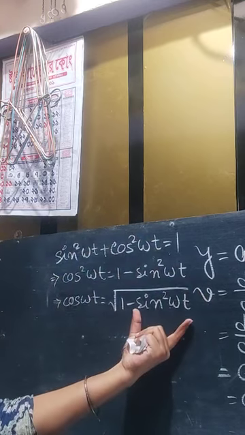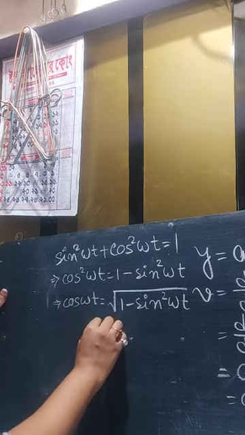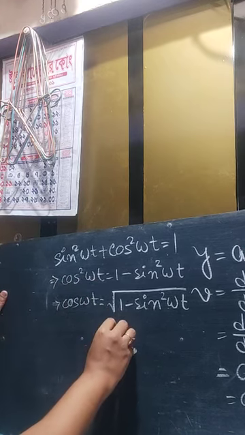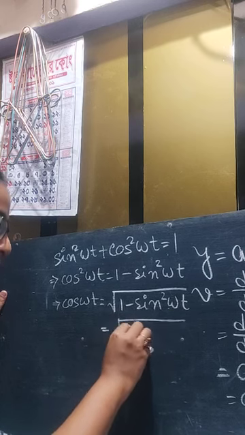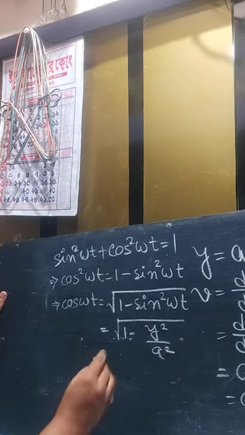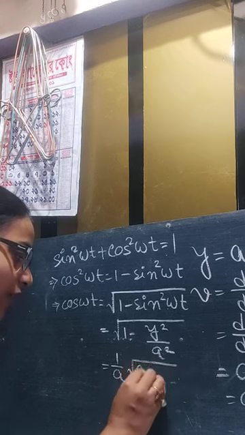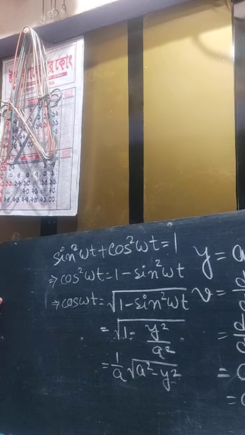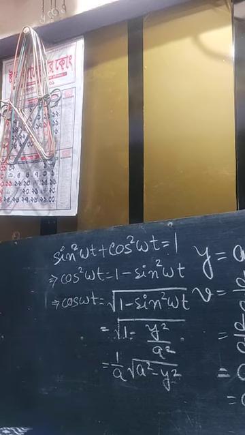Now, what is sin omega t? That is y by a, right? So we can write 1 minus y square by a square. If we simplify this part, it is 1 by a root over of a square minus y square, right? Hopefully it is clear, the value of cos omega t.